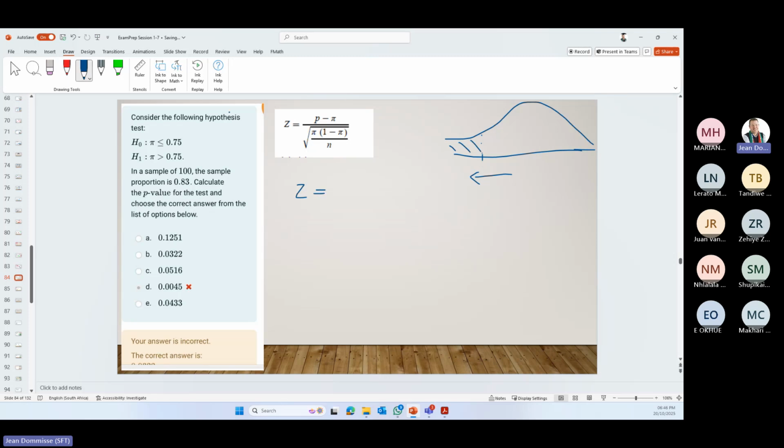Okay, so they tell us in a sample of 100, the sample proportion is 0.83. Calculate the p-value for the test and choose the correct answer.